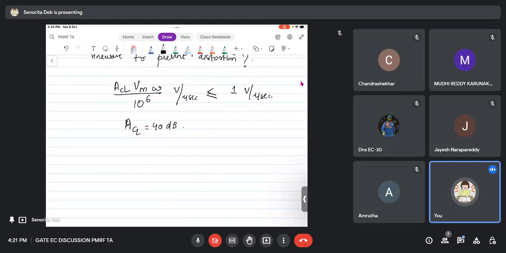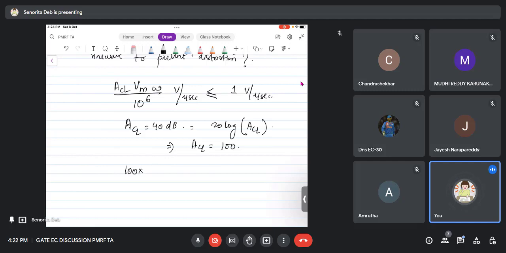The dB was found by 20 log of ACL, which means ACL in numerical terms is 100. Is this clear? 40 dB means 100 as ACL, right?